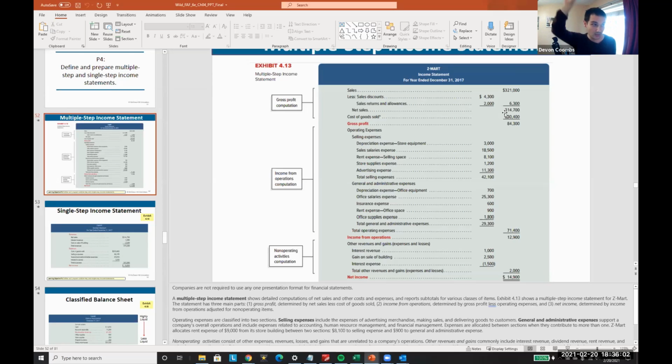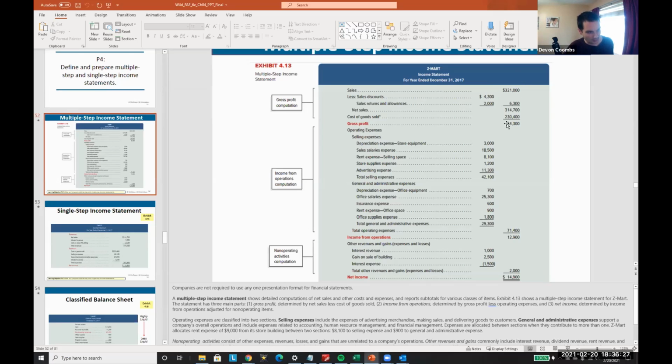Learn this terminology. Gross sales versus net sales. The net sales are normally what's presented on a company's financial statement. The gross sales are just for our own information. The net sales minus the cost of goods sold is our gross profit, right? So we have gross sales, our net sales, and our gross profit. We just whittle down the number. So gross sales and net sales can be very different.